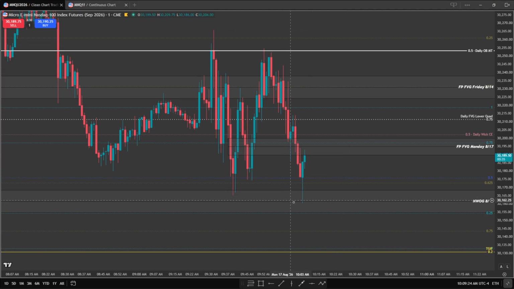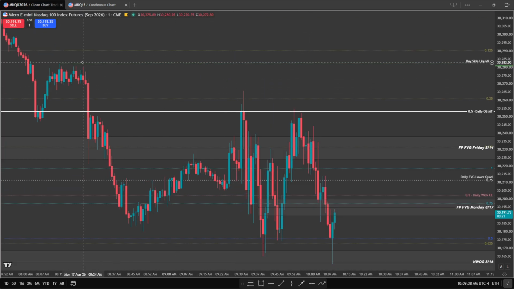And we're holding the new week opening gap and took sell side. So now that we've done that, I feel a lot more confident trying to get the buy side up here, and it's after 10 o'clock.